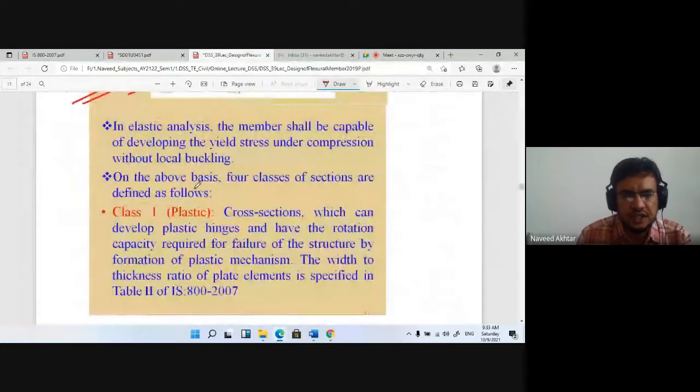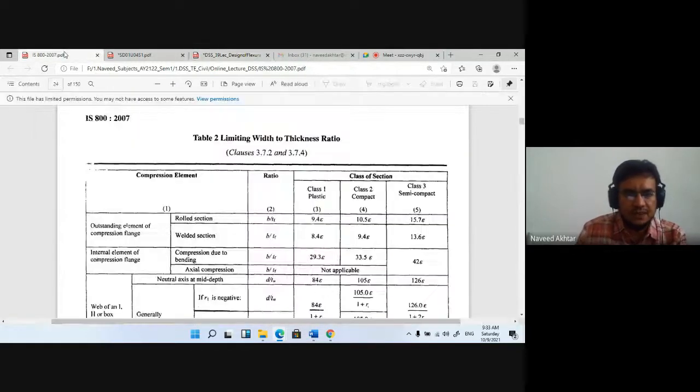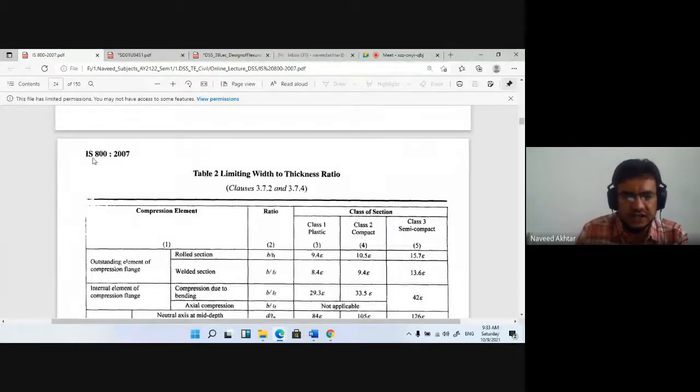Now we are discussing the classes of the section. The cross section which can develop plastic hinges and has the rotation capacity required for failure of the structure by formation of a plastic mechanism. The width to thickness ratio of plate elements is specified in Table number 2 of IS 800-2007, page number 18, and on page 19 the figures are given.